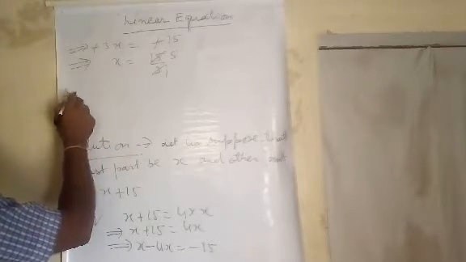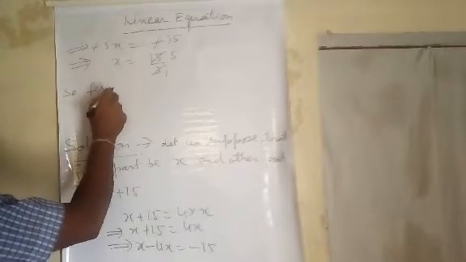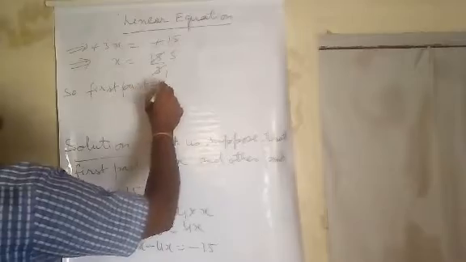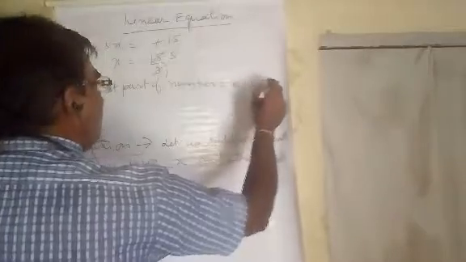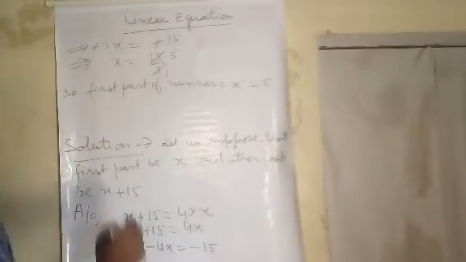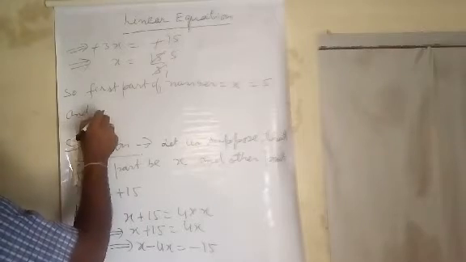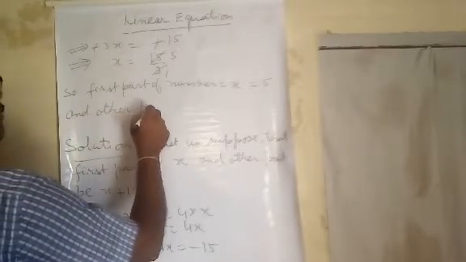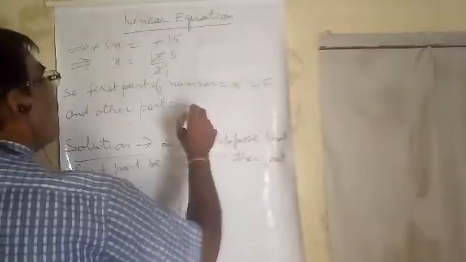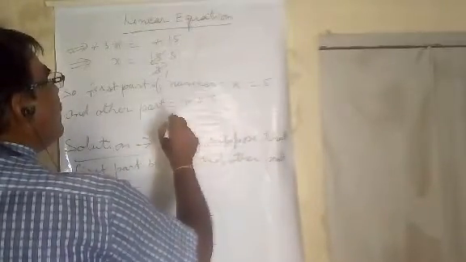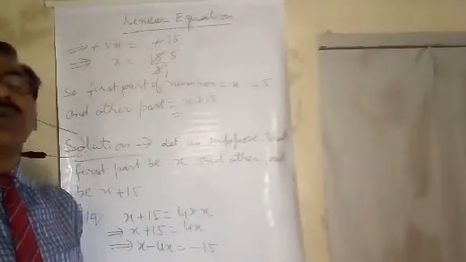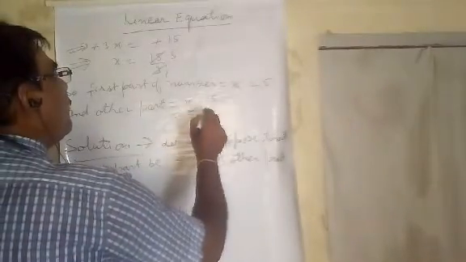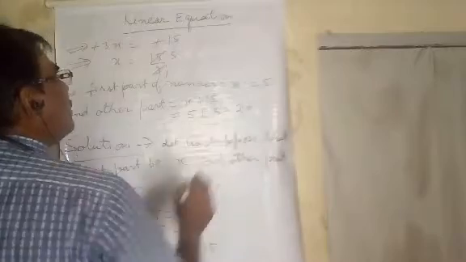The first part of the number is x equal 5, and the other part equals x plus 15, here put the value of x, 5 plus 15 equal 20.